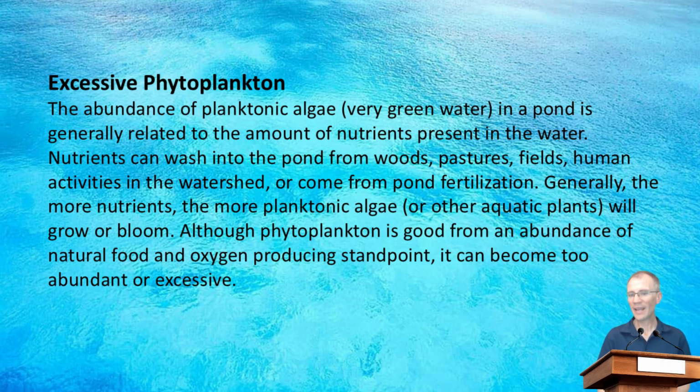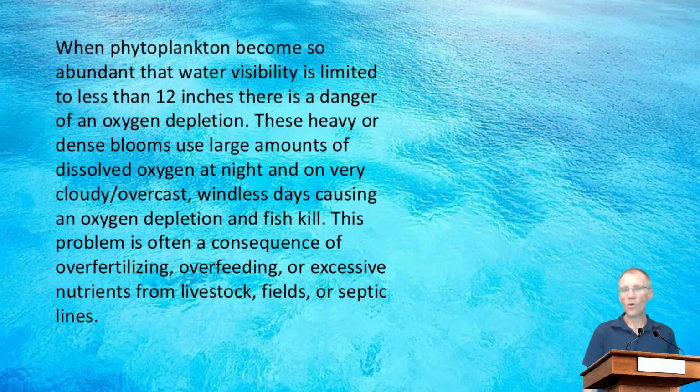Although phytoplankton is good from an abundance of natural food and oxygen-producing standpoint, it can become too abundant or excessive. When phytoplankton becomes so abundant that water visibility is limited to less than 12 inches, there is a danger of oxygen depletion.